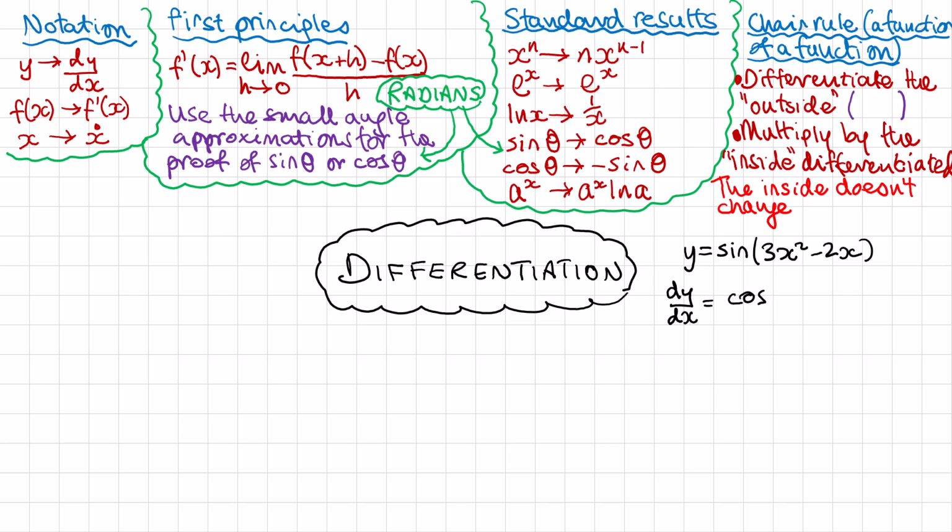The inside doesn't change, so it's still 3x squared minus 2x, and then I need to multiply the whole thing by the inside differentiated, so that's going to be 6x minus 2. So there we go. That's using the chain rule to differentiate this function of a function.